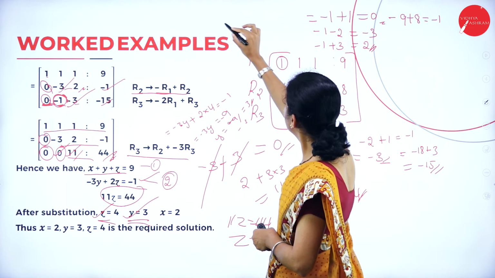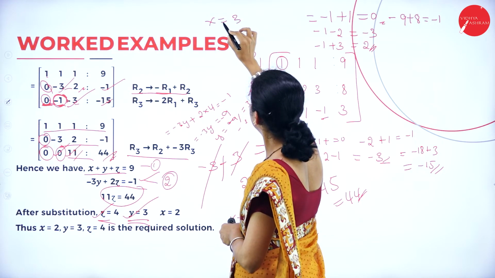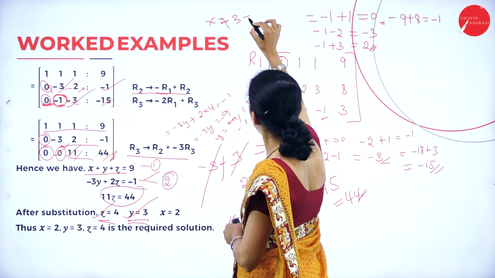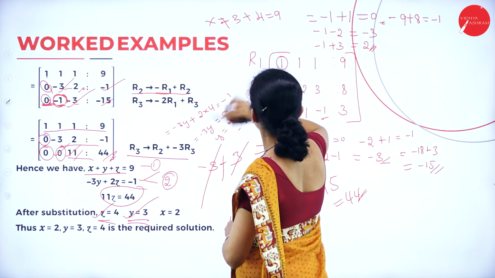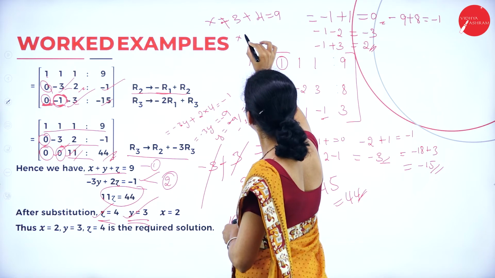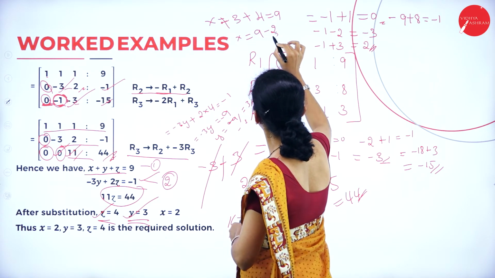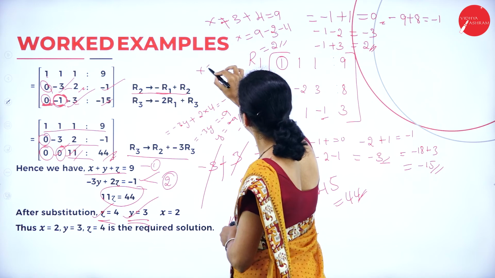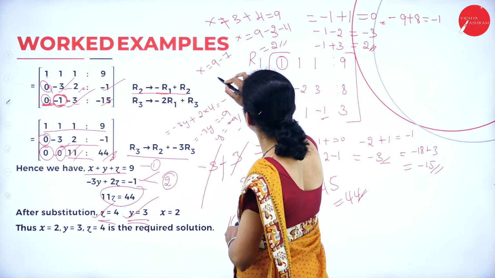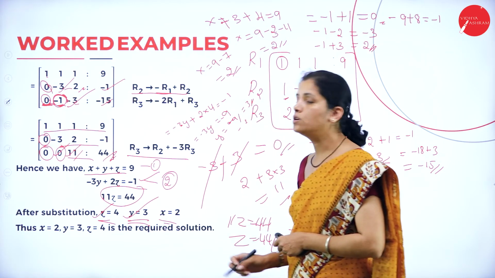So, x plus 3 plus 4 equal to 9. So, x equal to 9 minus 7, so it is 2. What is the answer? x equal to 2.